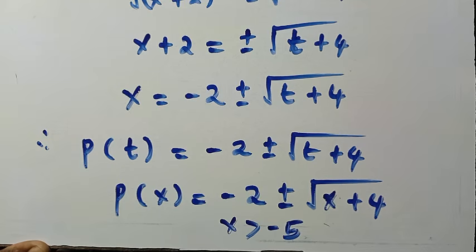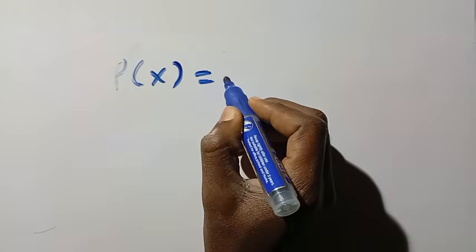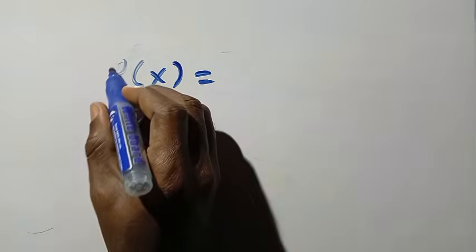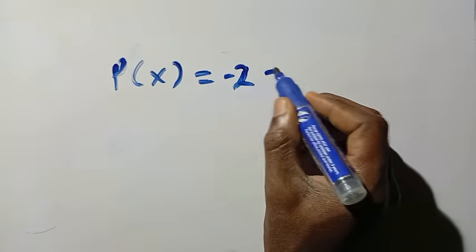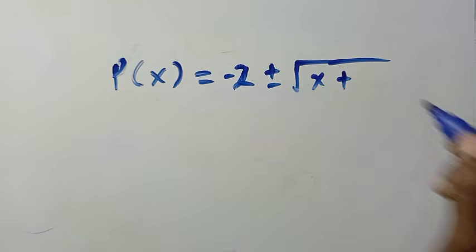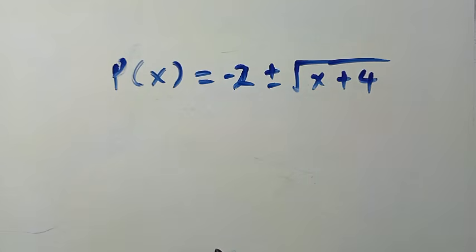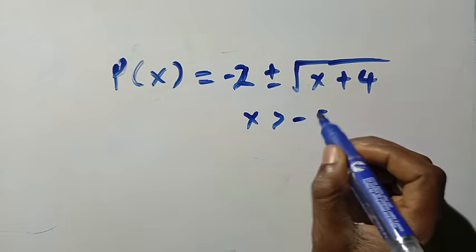But how can we get P of x minus 1? It's very simple, just by replacing this x with x minus 1. Initially we have P of x, which equals minus 2 plus or minus the square root of x plus 4, where we define x as greater than minus 5.